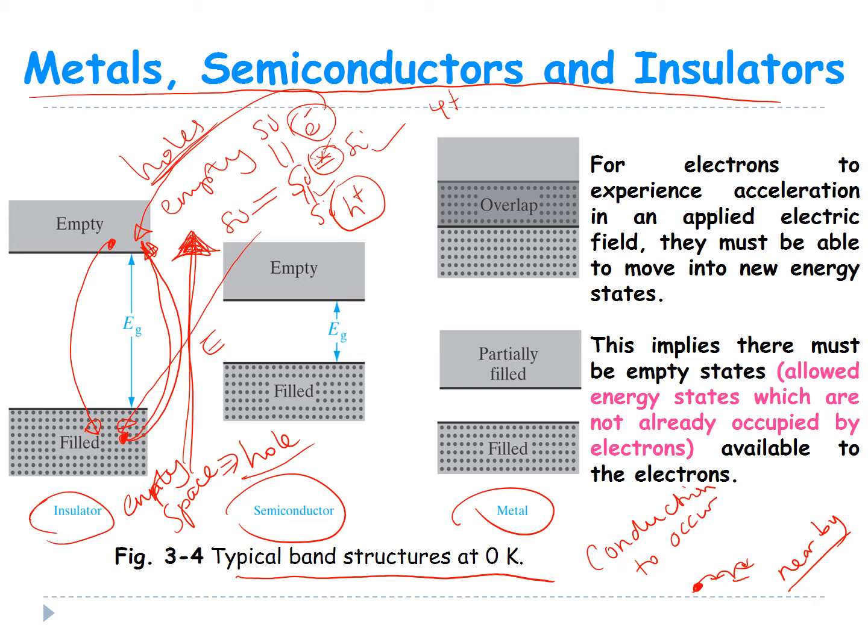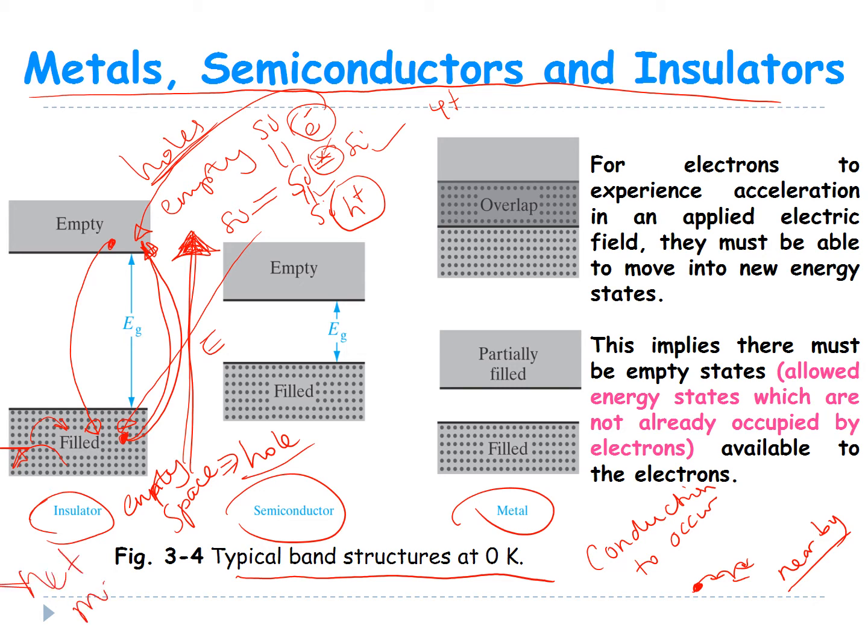I'm using the word net here because electrons are always moving, but if the valence band is filled, it means if one electron goes this way, there will be another one going the other way, such that there is no net motion.